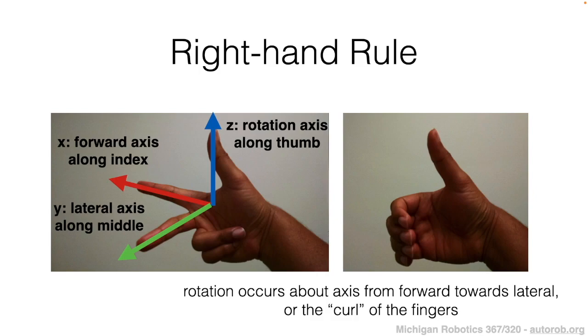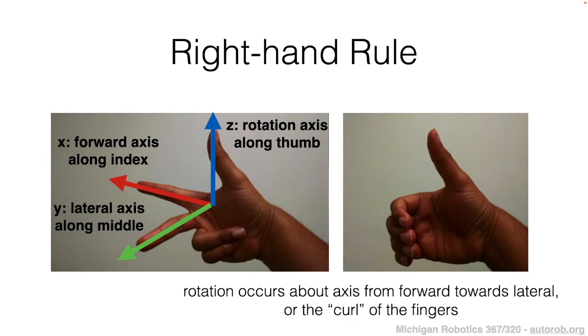In particular, if you take your right hand and imagine your palm facing along the x-axis, and you curl your fingers in to form a fist, that curl direction is the direction of rotation that corresponds to the axis along which your thumb is pointing.